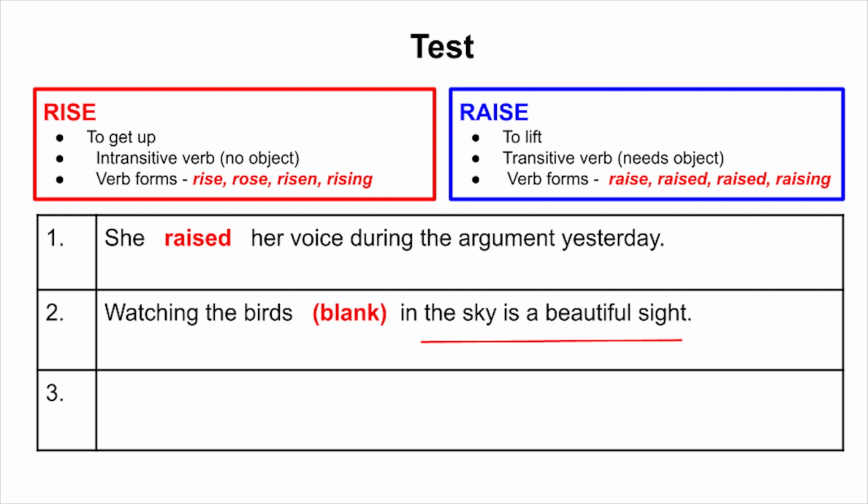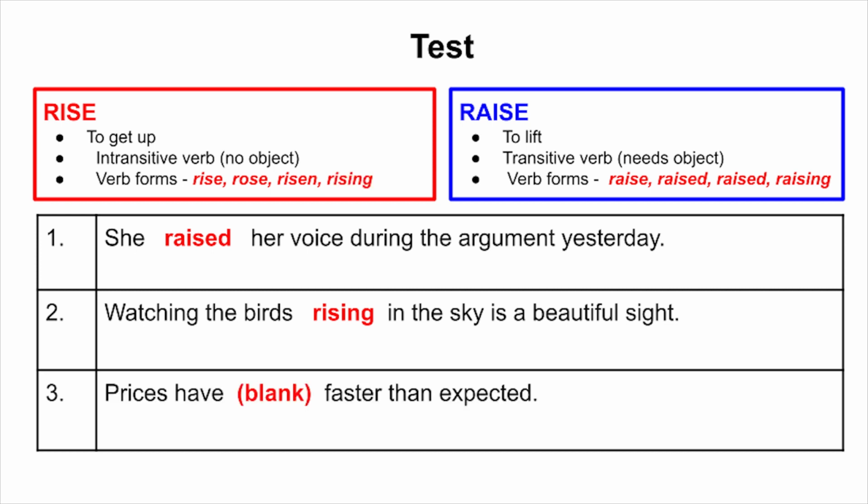So we know our required verb is an intransitive verb. The verb is rise. And what form of the verb rise is required? Watching tells us this is the present participle. So our required verb form would be rising. Watching the birds rising in the sky is a beautiful sight.